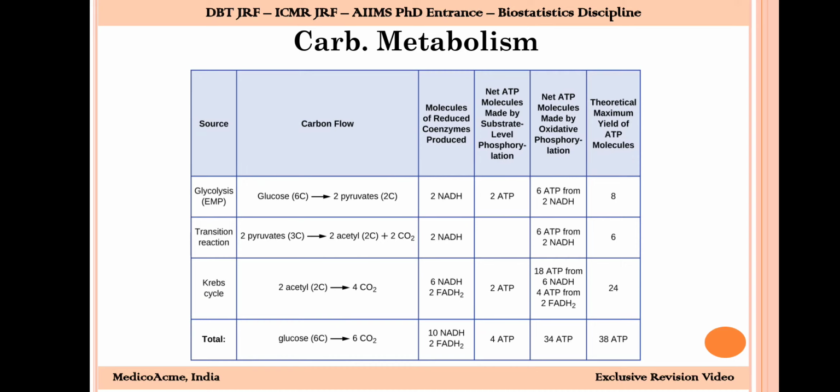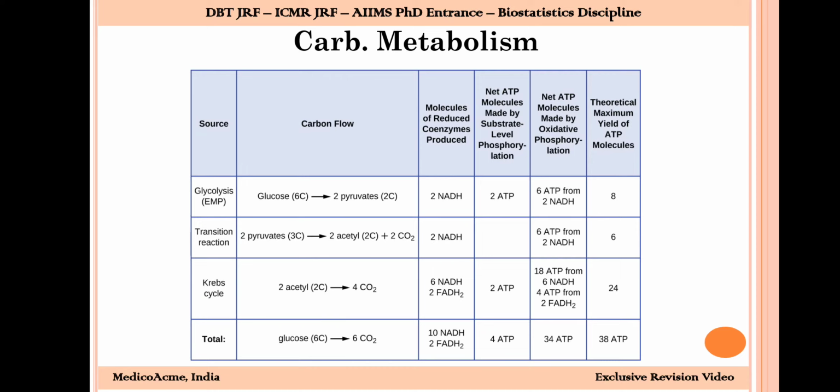Carbohydrate metabolism becomes very important, and here is the chart which shows how many ATPs, NADH, water, and everything are produced in different steps of carbohydrate metabolism. In glycolysis you can see that 2 NADH and a net of 2 ATP are formed.